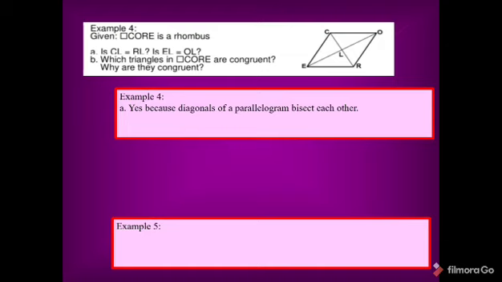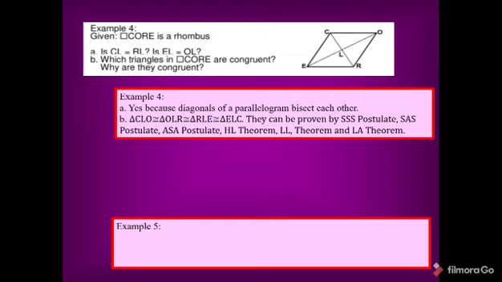Why are they congruent? You're right. Triangle CLO is congruent to triangle OLR, and congruent to triangle RLE and triangle ELC, because they can be proven by SSS postulate, SAS, ASA postulate, the HL theorem, the LL theorem, and LA theorem.